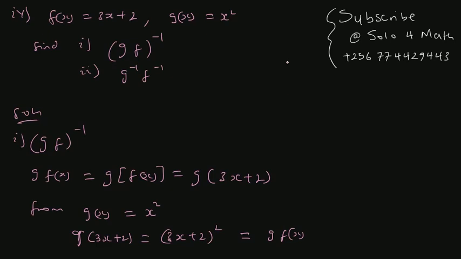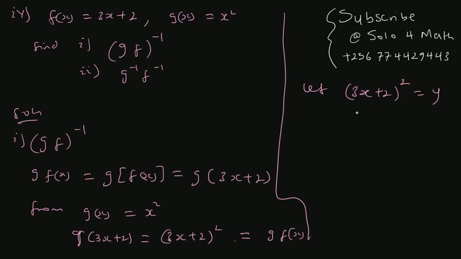Okay, now we go on with finding the inverse. This is our new function. We let that function, which is (3x + 2) squared, be equal to y. If it is y, then find a way of making x the subject.